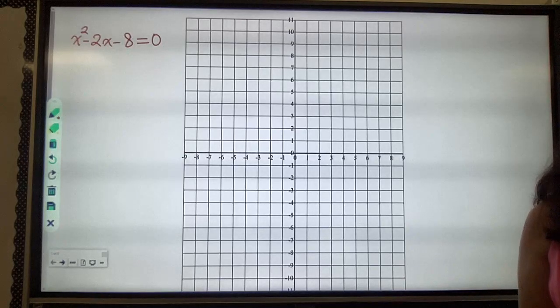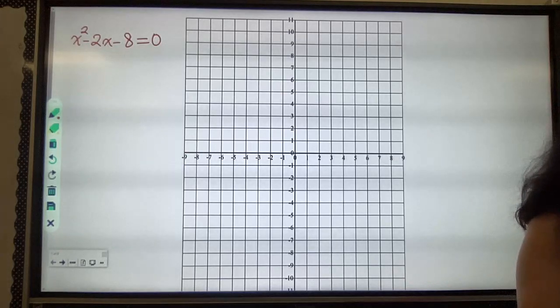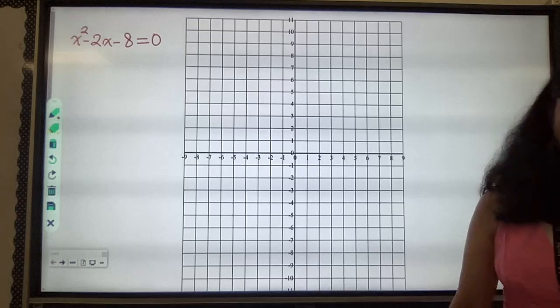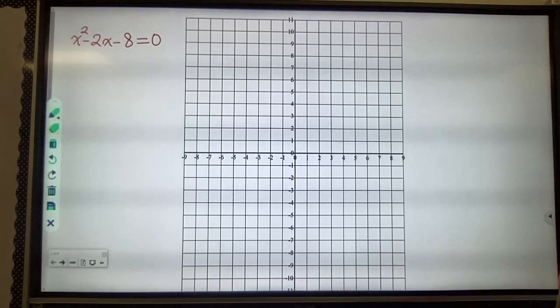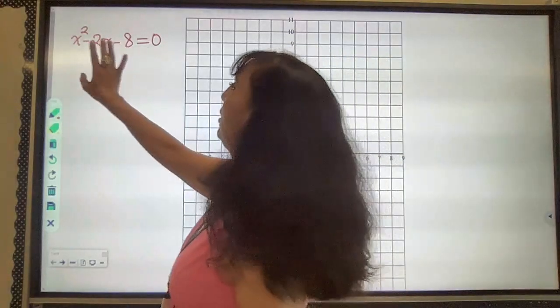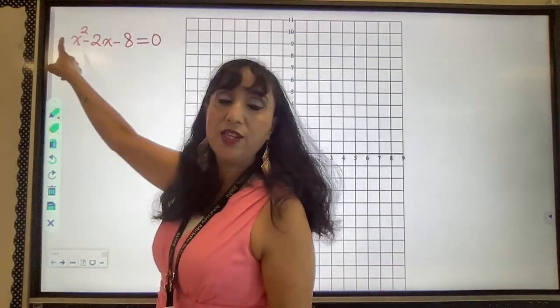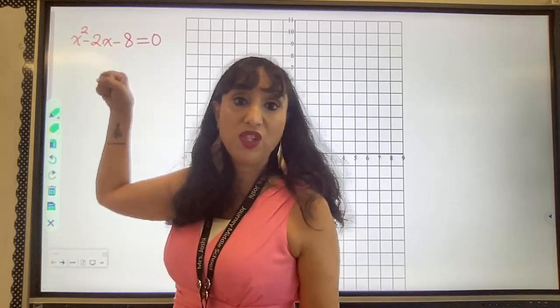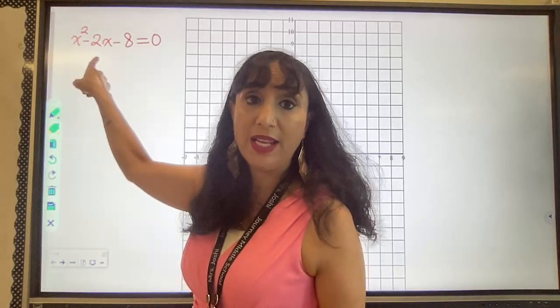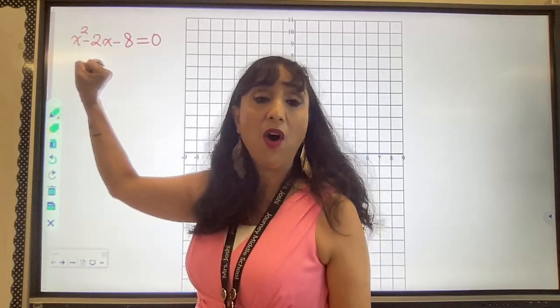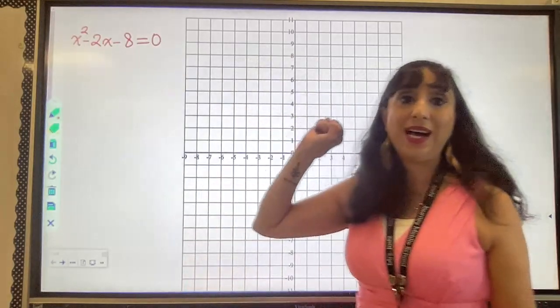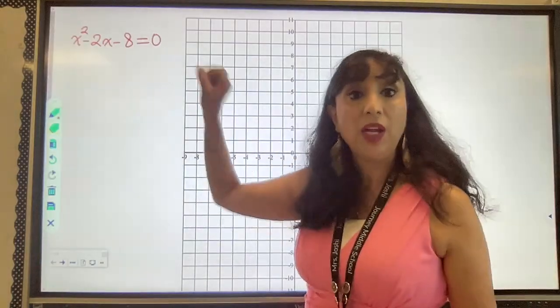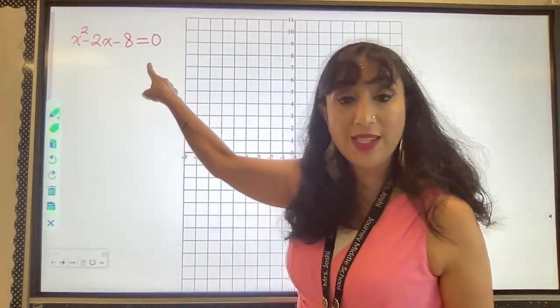So if I look at this one, I can see what my factors of 8 will be. Remember that the coefficient is 1 over here. So when I'm factoring a trinomial, to know what numbers to take that I'm multiplying, all I need to do is look at the last part, which is the constant.